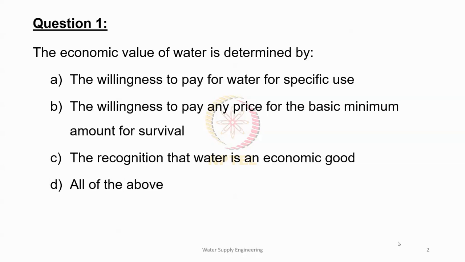Option C, the recognition that water is an economic good. Option D, all of the above. So, how do we determine the economic value of water? On what basis is the economic value of water determined? You can type in the answers in the chat box.